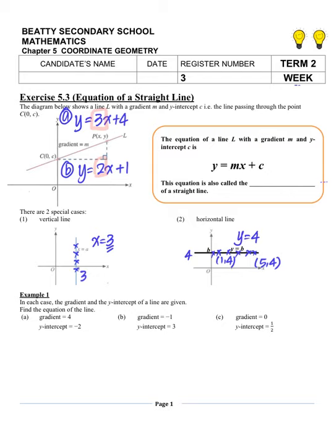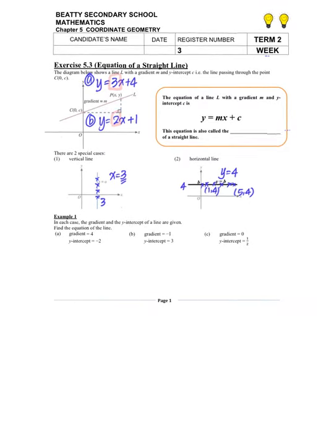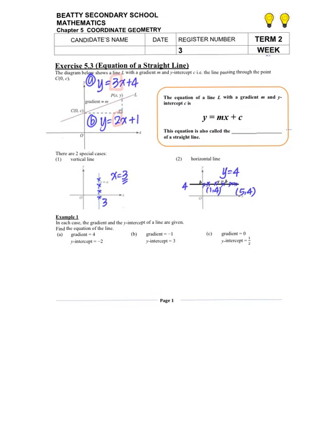Now example 1. In each case, the gradient and y-intercept of a line are given. So they gave you the gradient as well as the y-intercept, and you're supposed to write down the equation of the straight line. This is so straightforward. Y equals mx plus c. So y equals 4x minus 2.